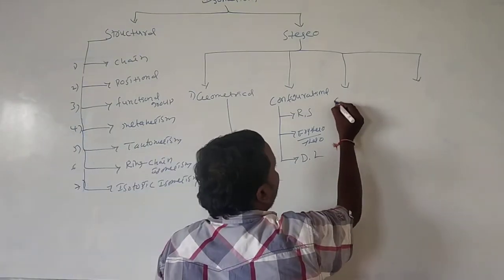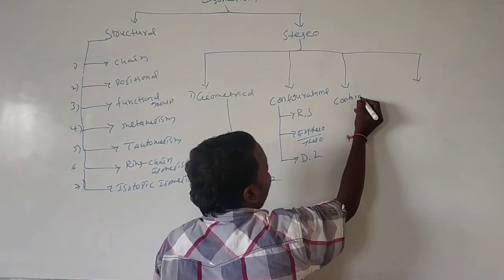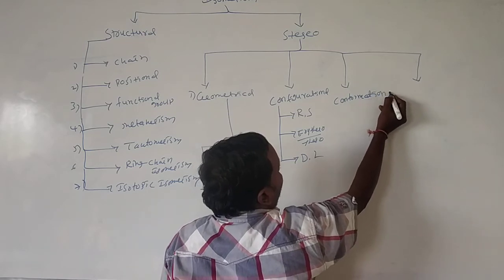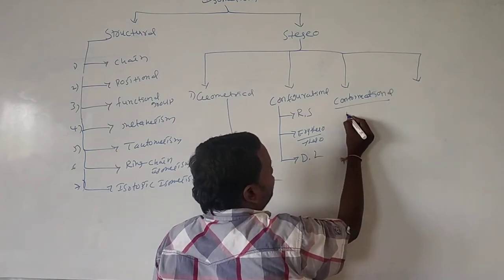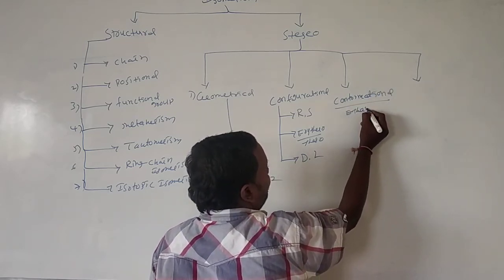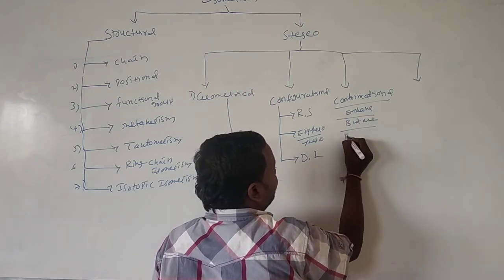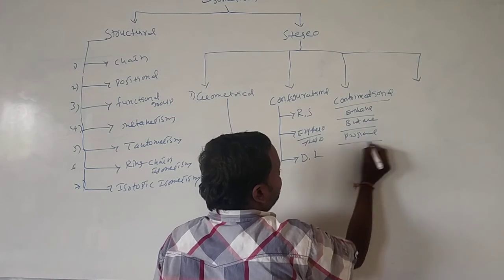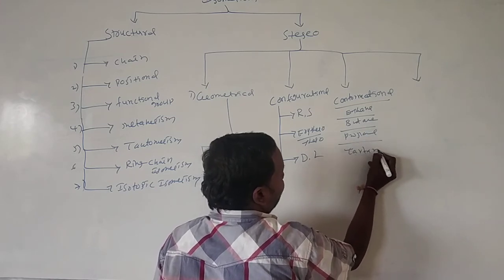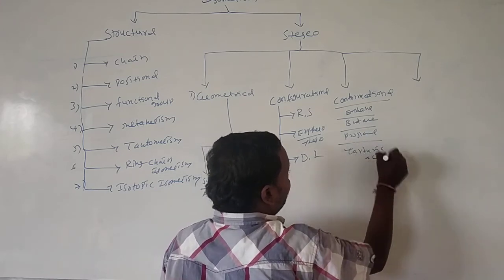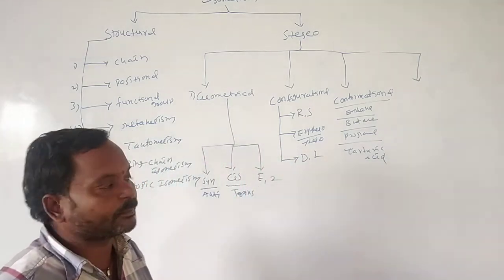Then conformational isomerism. Conformational isomerism of ethane, butane, I explained propane, tartaric acid also. I explained all these topics in conformational isomerism.